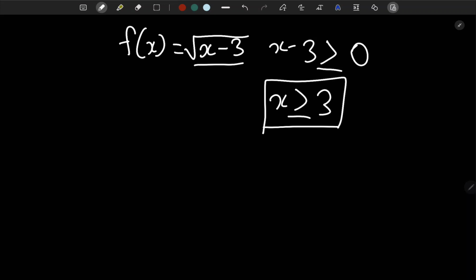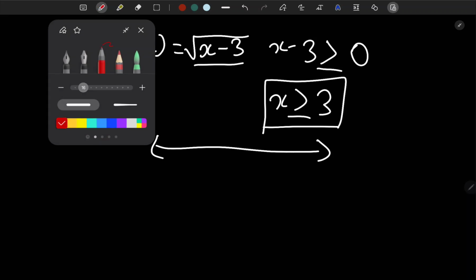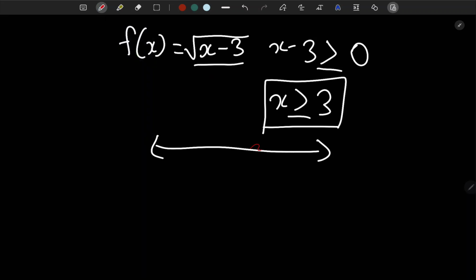So now how do we write this on the line graph? Let's draw a line graph, positive infinity and negative infinity, and let me change my color. We have a 3 here.